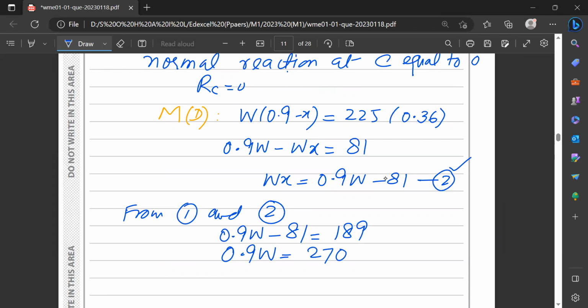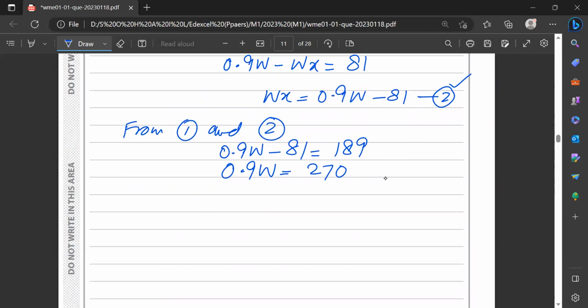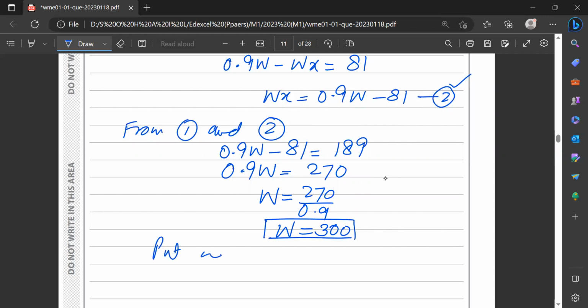189 plus 81, whatever is here, you divide by 0.9. So W is equal to 270 over 0.9, W is equal to 300. You put this value simply in number 1.